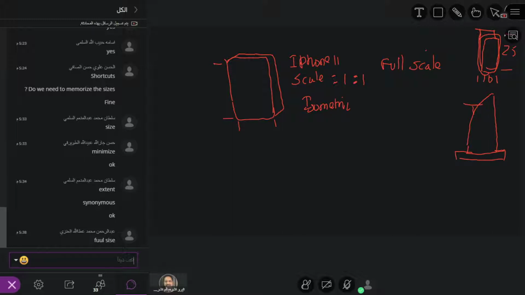If you want to draw it on a piece of paper, can you draw it at full scale? Absolutely not, because your paper is even smaller than a single window of this building. So I will draw the same building like this, and this is the Cornish Tower.